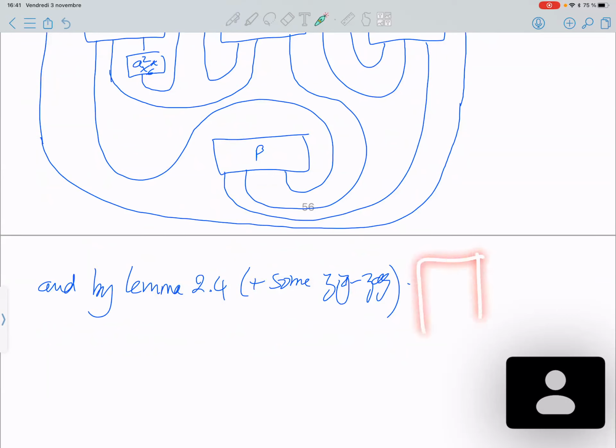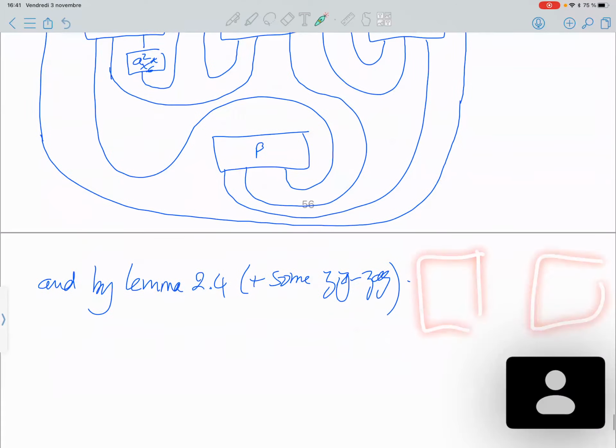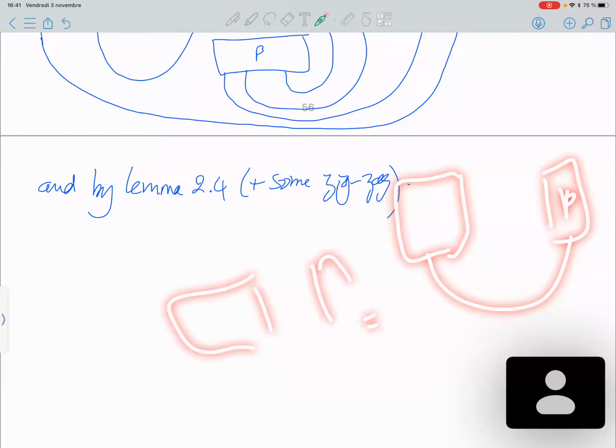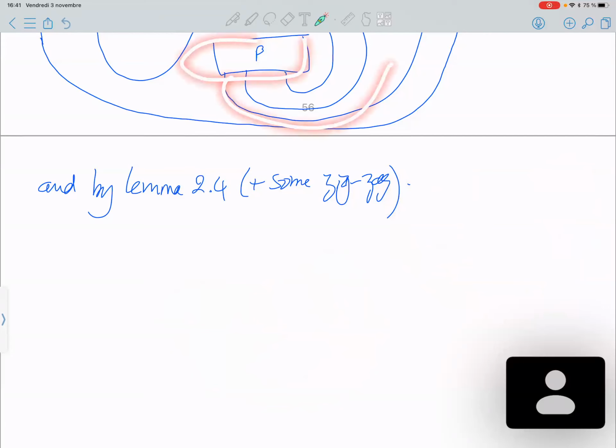You have something like that with some beta, and this is equal to something else with beta double star. But here, our beta is already like that, and we want like that. So we need to replace beta here by beta double left, double right dual.